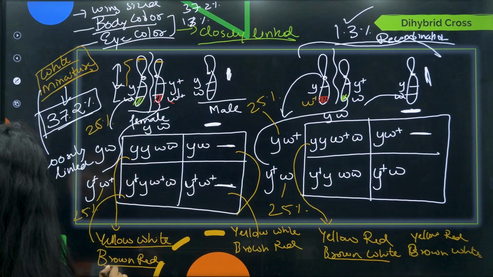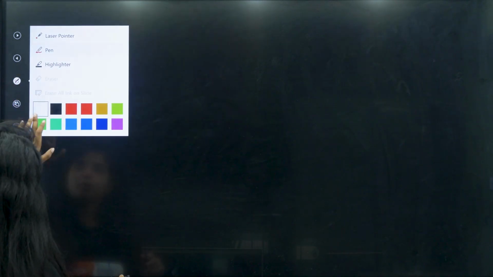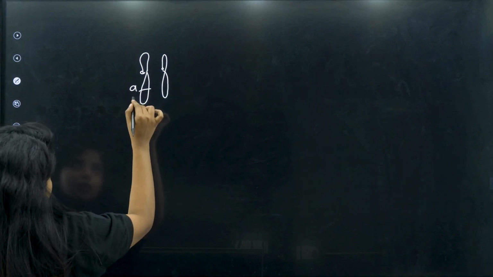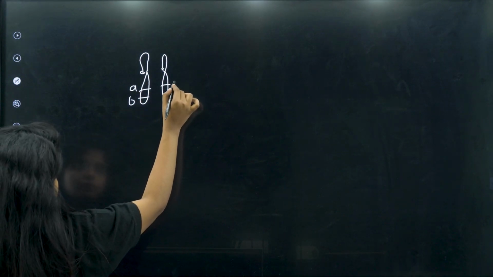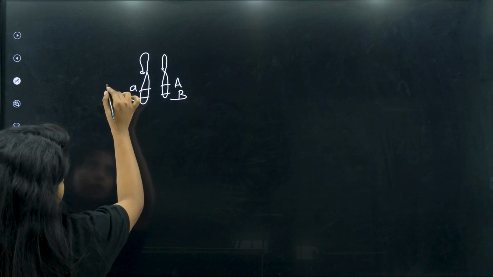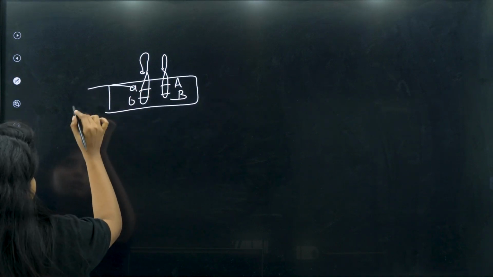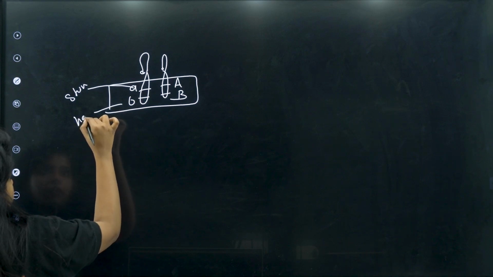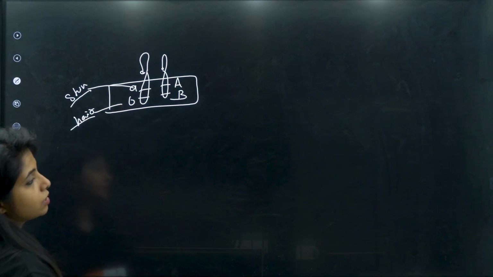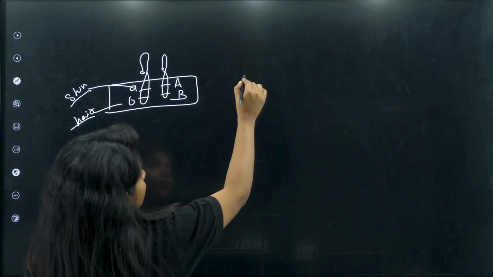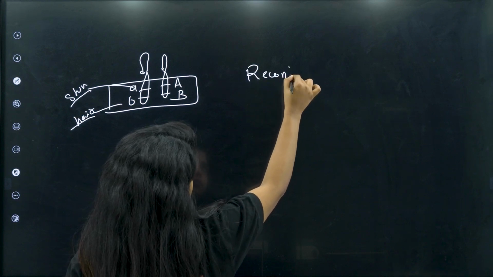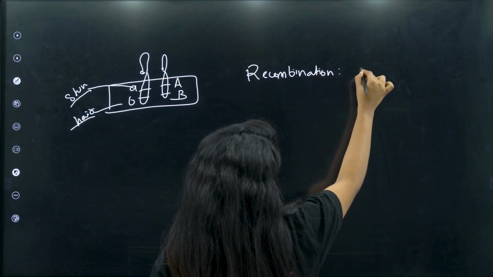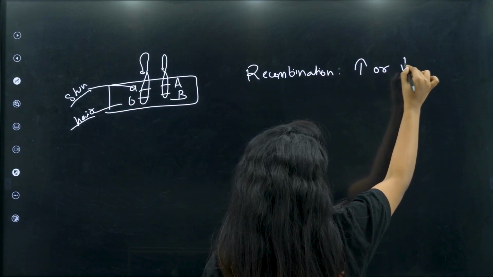Now, I have a question for you guys. Suppose I say A, B, okay, this is for skin color and this is for hair color. The situation is like this, they are really close. Recombination will be more or it will be less?